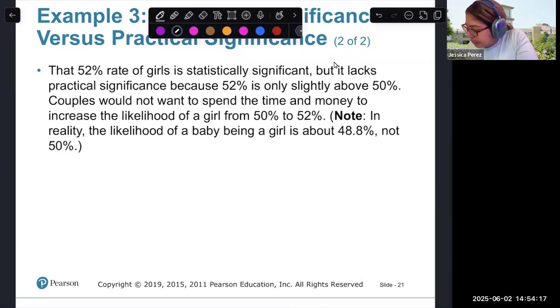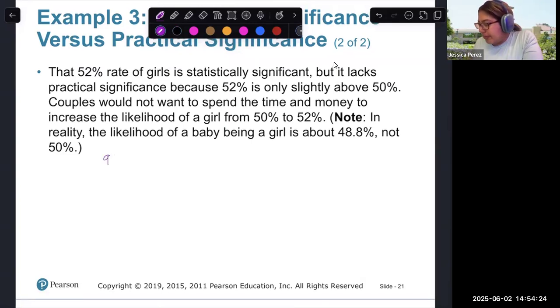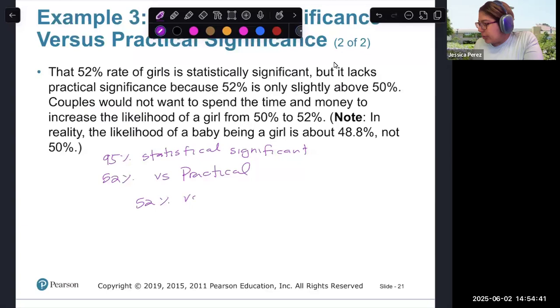So for example, when you're looking at the study, you first look at the 95%, which would make it statistically significant. And then looking at the 52% versus the practical: the practical is more of 52% versus 50%. Where is this 50% coming from? Well, boy is 50%, a girl is another 50%.